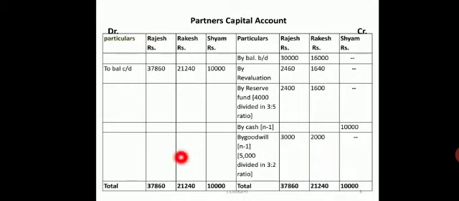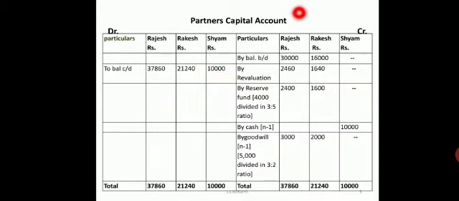Write the same total on the debit side and write to balance carried down with the difference amount of all the respective partners. 37,860 for Rajesh, 21,240 for Rakesh, and 10,000 for Sham.